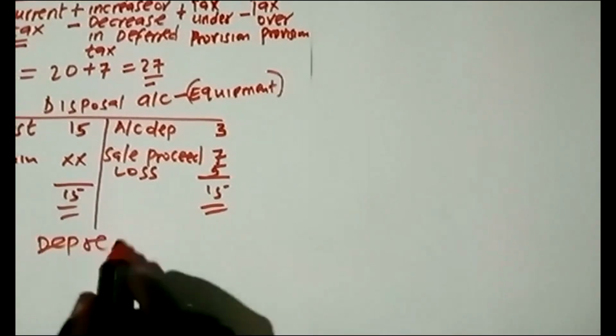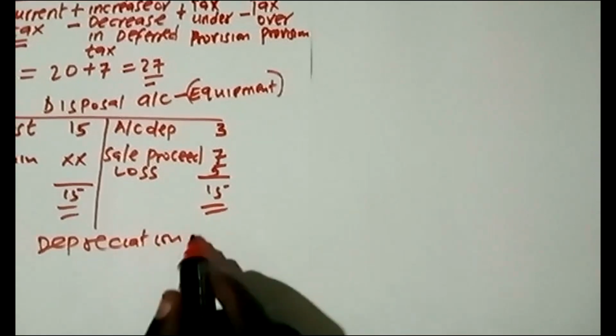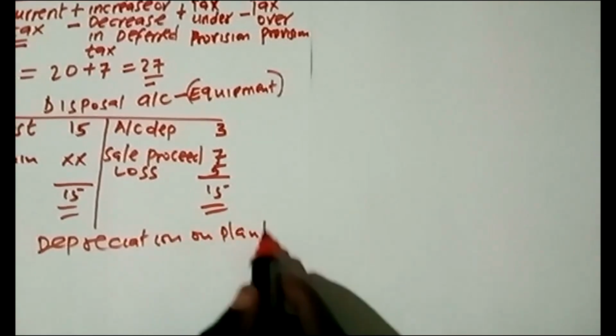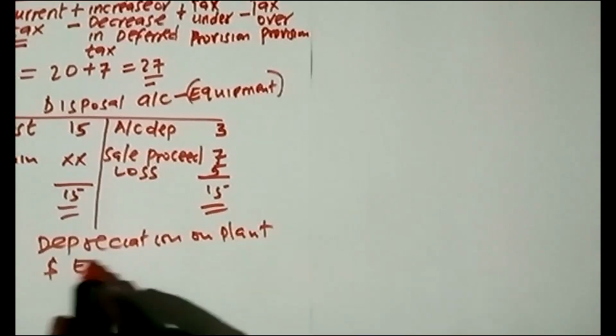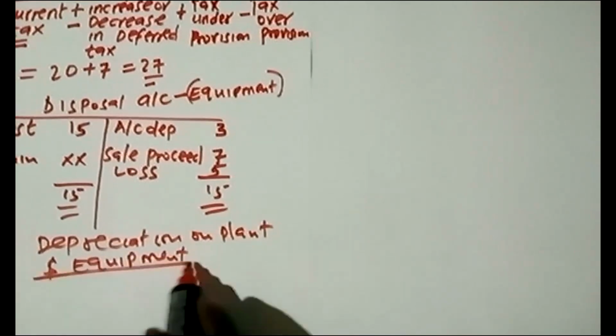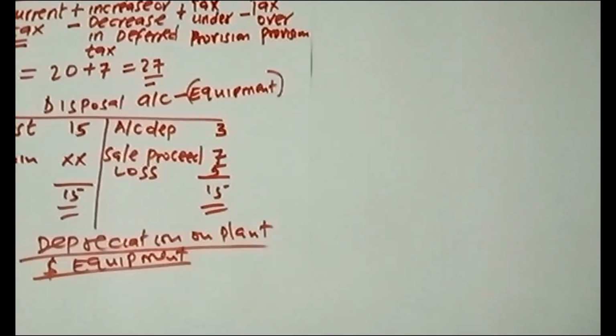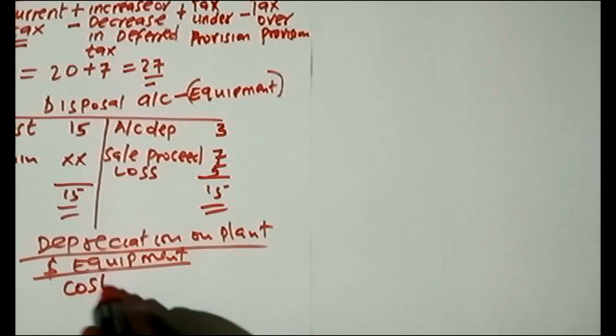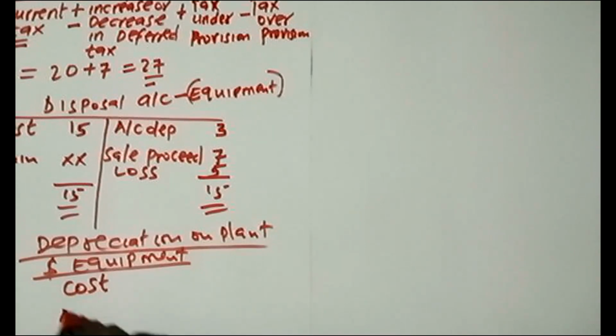So the depreciation on plant and equipment. I was saying that before you do this depreciation, remember that there was an equipment which was disposed. So first you have to get the correct cost and the correct accumulated depreciation after disposal.